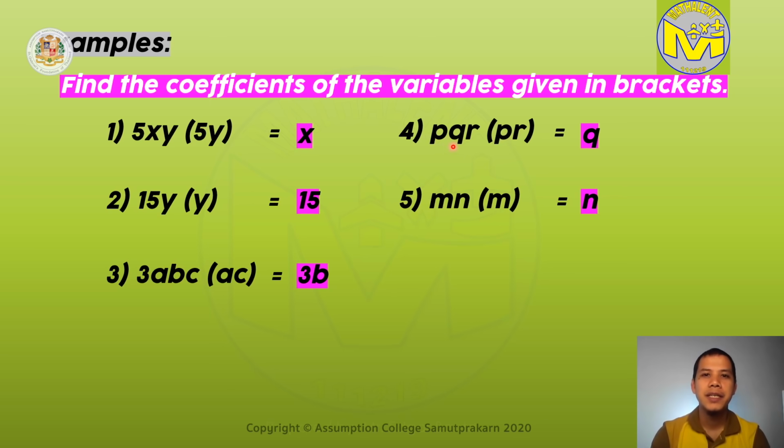It is 1. But here we have numbers 5, 15, and 3. So technically, the coefficient of xy is 5. The coefficient of y is 15. The coefficient of abc is 3.